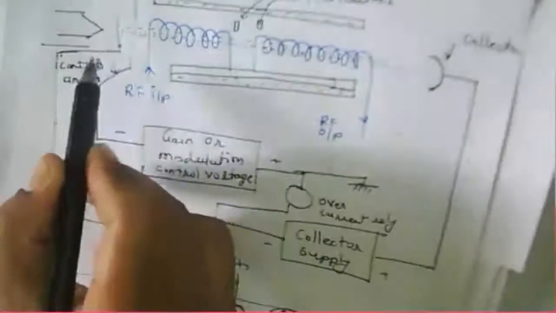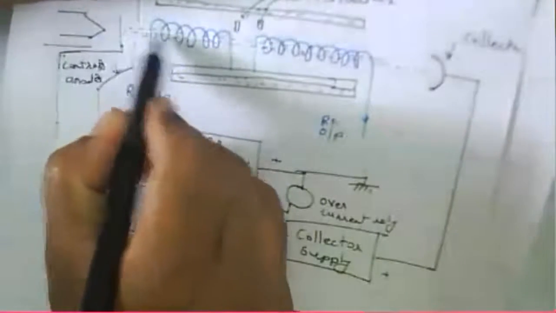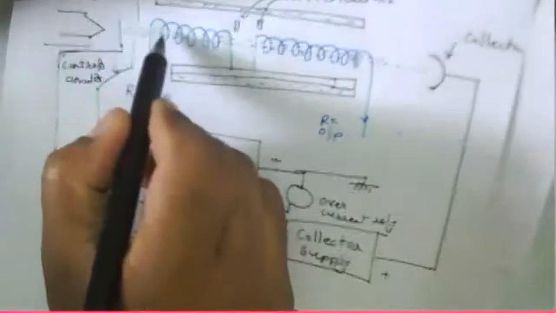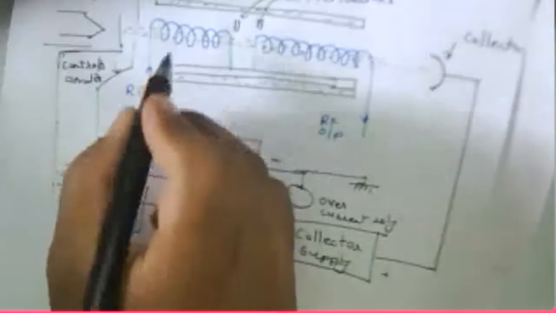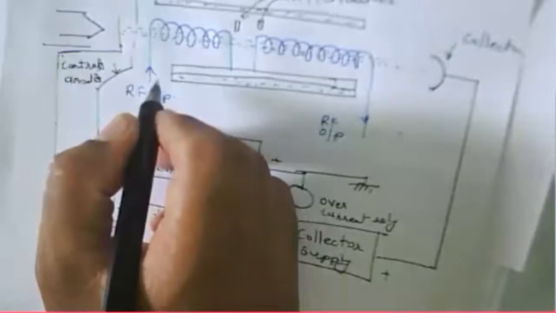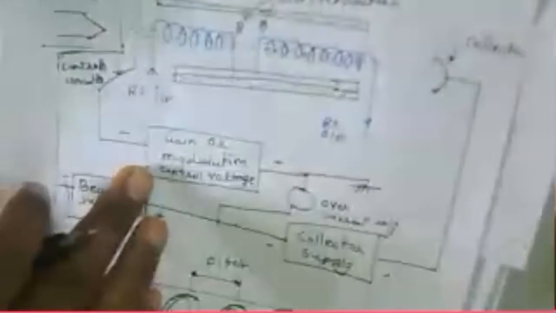When the electrons enter the helix tube, what happens? Acceleration and again deceleration take place. Due to that, electron bunches form and provide energy to the RF field.